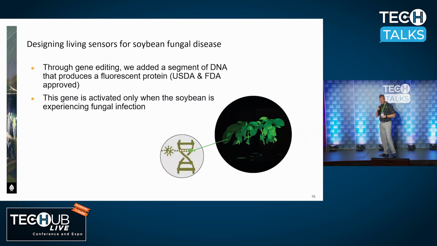At InnerPlant, what we think about is how to understand when that response is happening. Through editing these genes, we insert a fluorescent protein into the specific genes that respond when a plant is under attack from a fungal pathogen. What does that allow us to do?